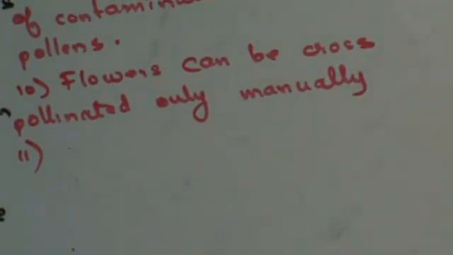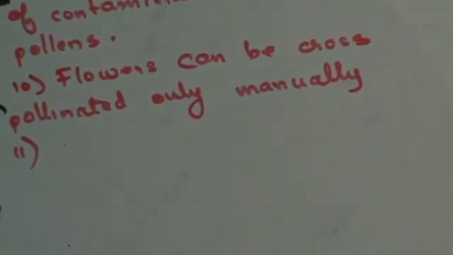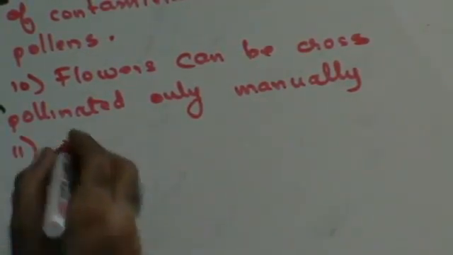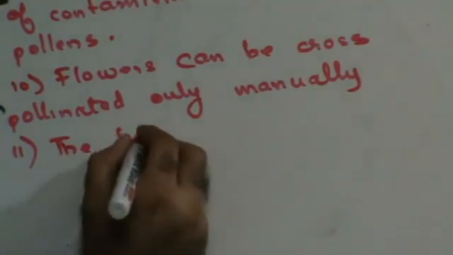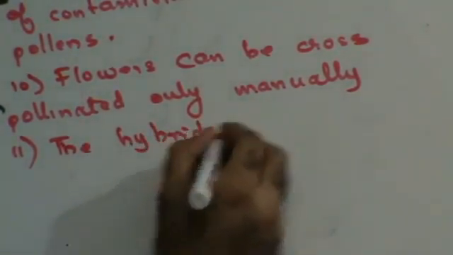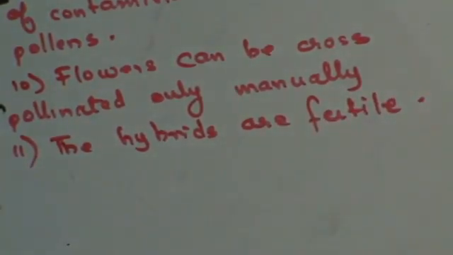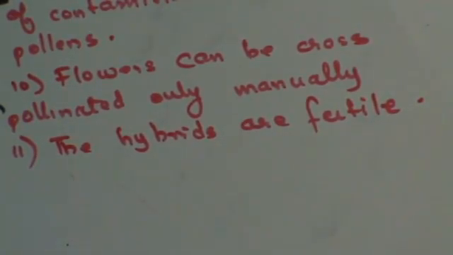And the last is the new cross that you would get is going to be fertile, right? So the hybrids are fertile. Now before I actually go into Mendel's experiment as to what he did with the pea plant, these were the reasons why he selected the pea plant.